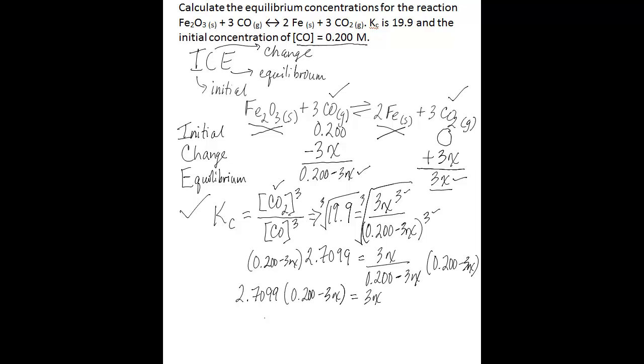So you multiply out of the parentheses to get 0.54198 minus 8.12966x is equal to 3x. And then you move this term to the other side of the equation to get the x's on the same side. So 0.54198 is equal to 3x plus 8.12966x. So you're almost there.